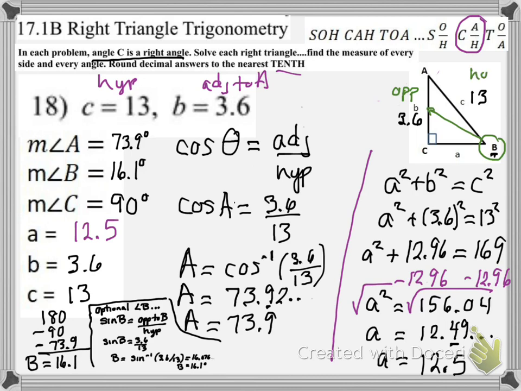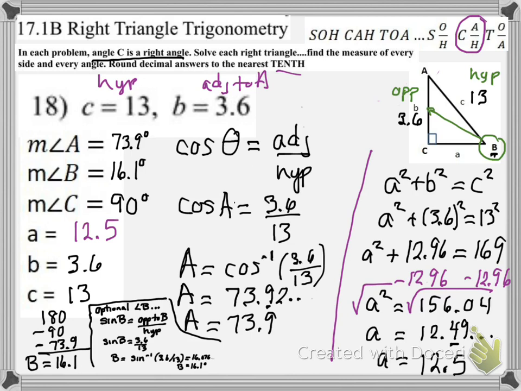And of course 13 is still my hypotenuse. So I would do sine B is the side that's opposite to B, which is 3.6, over the hypotenuse, which is 13. In order to get the B out of the sine, I do that inverse sine with the little negative 1 again. Inverse sine, 3.6 divided by 13.